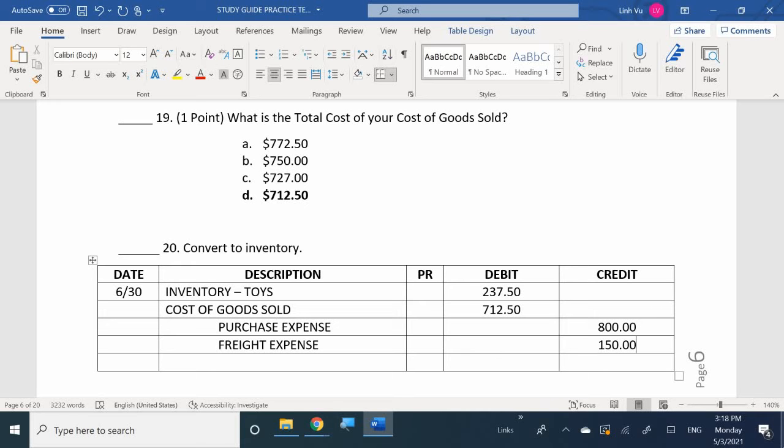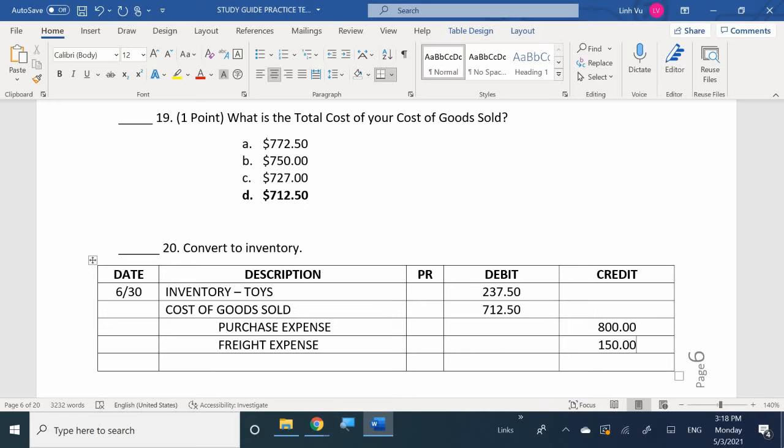Right. Any questions? So I may test you on doing a conversion entry. So therefore, maybe one of my periodic inventory problems could be 3 questions. I may even test you to journalize a specific transaction, so that could be 3 or 4 questions, right?